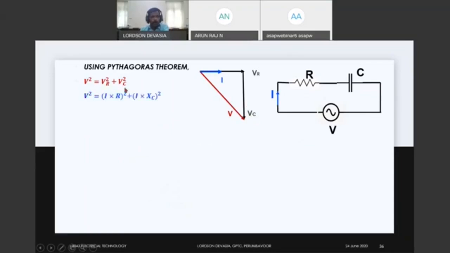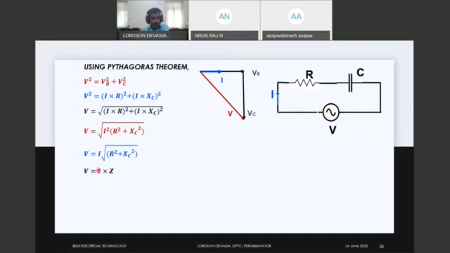So V square is equal to VR square plus VC square. VR is I into R and VC is I into XC. Taking V is equal to square root of that term. So I is common, take it outside. V is equal to I into root of R square plus XC square.